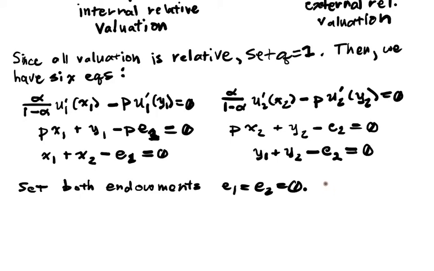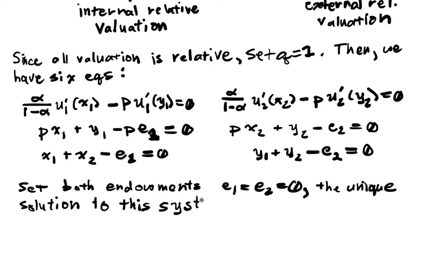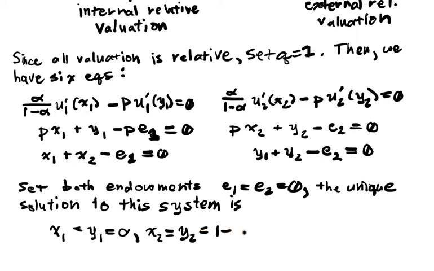Well, this system actually has a unique solution, which is: x1 equals y1 is equal to alpha. We have x2 equals y2 is equal to 1 minus alpha. And we have p is equal to alpha over 1 minus alpha.